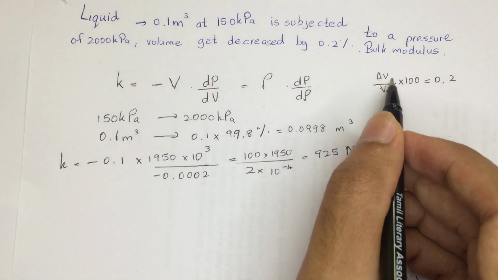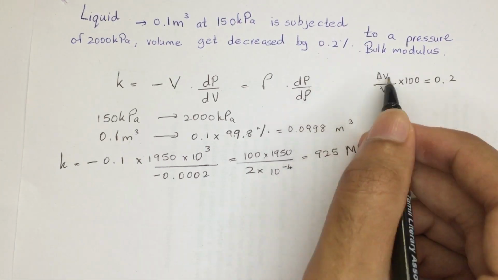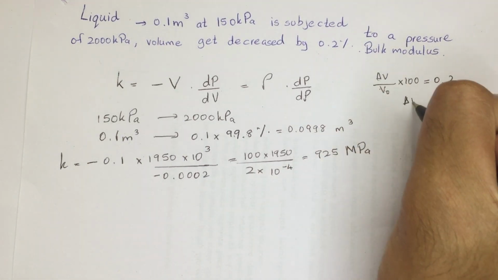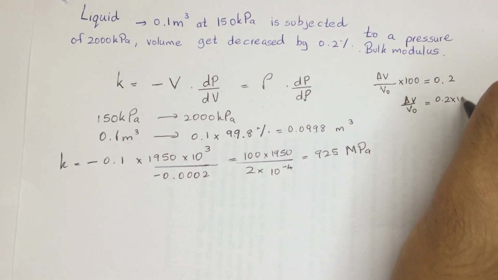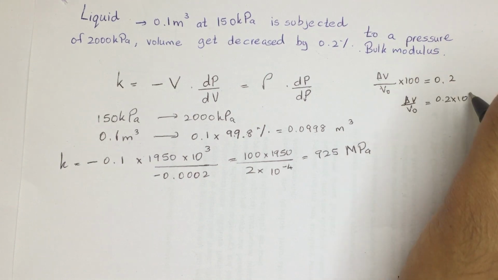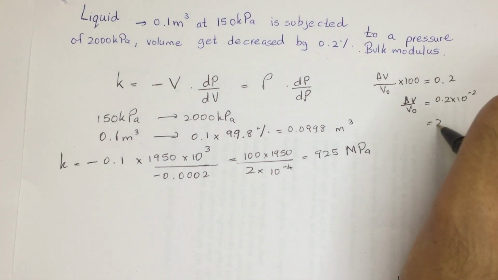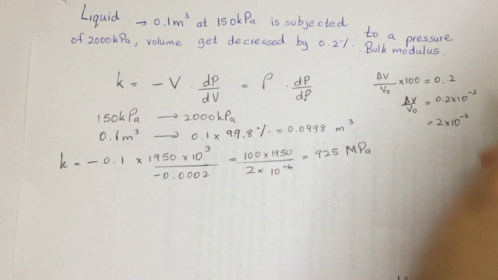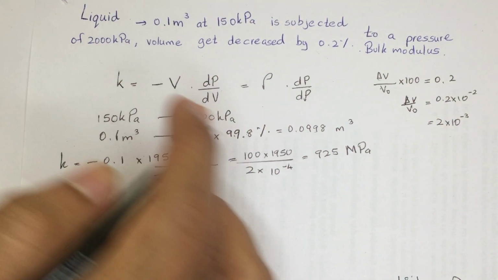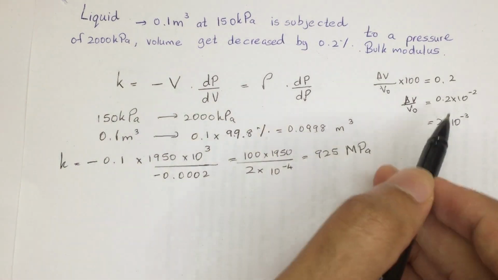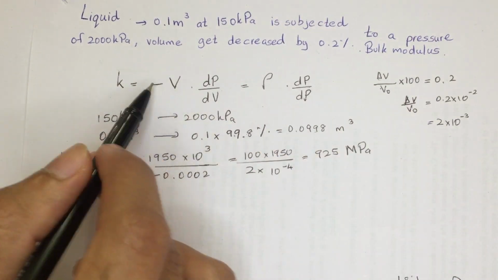It's enough if we find delta V over V naught only, which would be equal to 0.2 into 10 to the power minus 2, in other terms 2 into 10 to the power minus 3. We can directly substitute over here, but forget about the minus sign because we are going to neglect that.